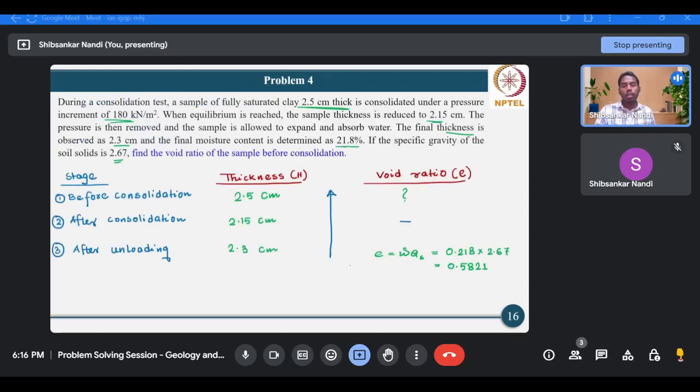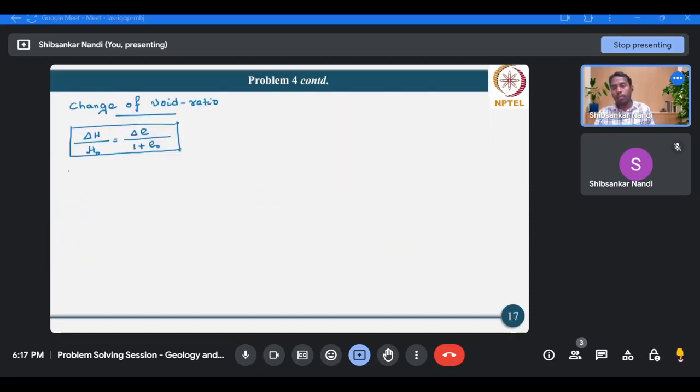Since we are proceeding in a backward direction, 0.5821 is our reference void ratio and this is our reference thickness for the first step, 2.3 centimeter. Step 1, this is in between stage 3 and stage 2.